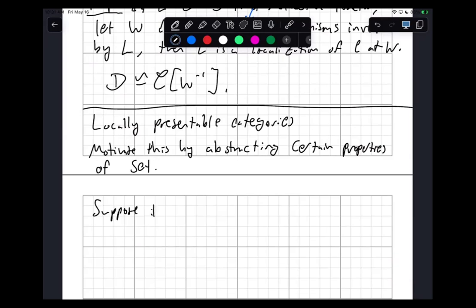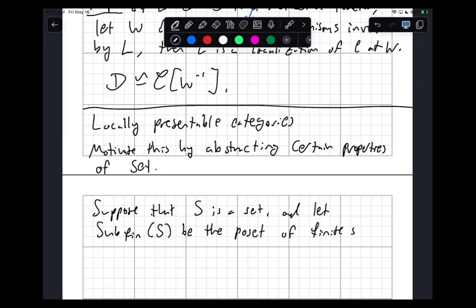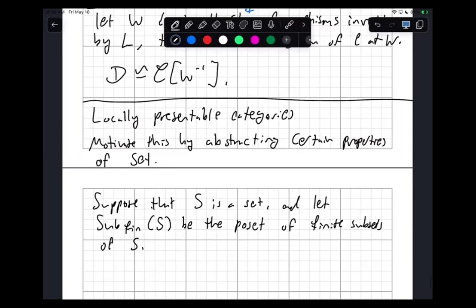Suppose that S is a set and let Sub_fin(S) be the poset of finite subsets of S. There is an inclusion diagram, right?